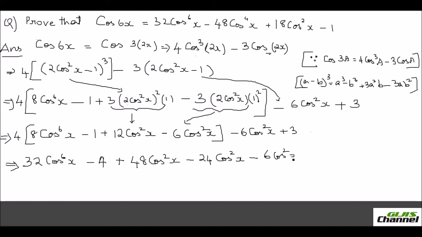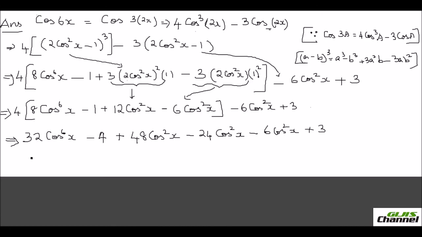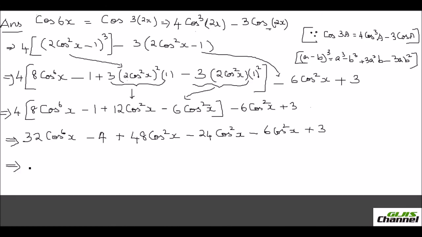Now everything, all your cosines are in a single angle form, right? So you needn't go further, you can just put the like terms together. So it is 32 cos raised to 6x, then, oh this is cubed, okay, this is 4, sorry, because here it is square, right?